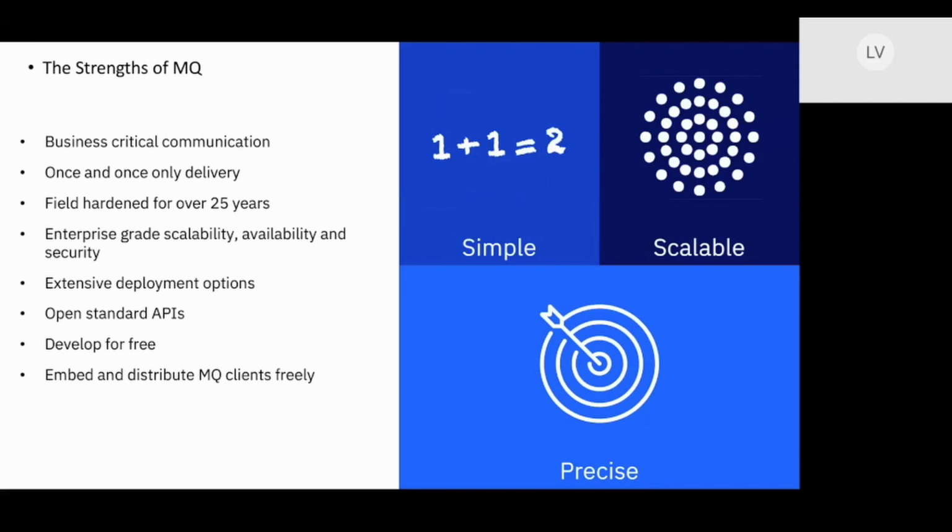That's why most of our banking corporations are using MQ. And this is a 25 years old product. That means it is, I would say, a well-designed product, and it's still evolving, by the way. But it's very well designed. And you can manage the scalability, availability, and security easily with this kind of product.